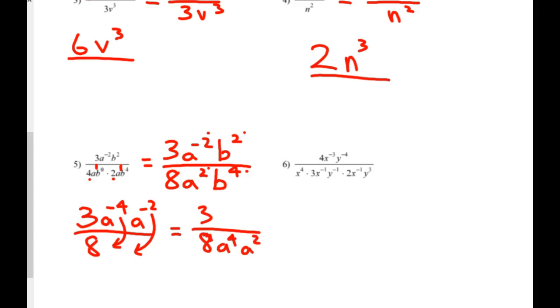Okay, and then simplify the bottom on number 6. Three times 2 is 6. 4 minus 1 minus 1 squared. And then negative 1 plus the b.